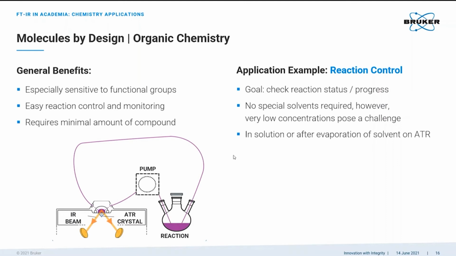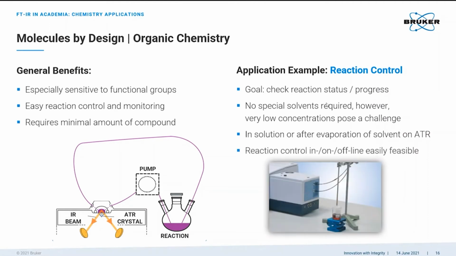If you want to follow a reaction more closely, of course, you have the option to set up something like this at the bottom left. A closed system that allows to measure spectra over time without changing the concentration. Or optical fiber probes, as shown at the bottom right, can be dipped from time to time into the reaction mixture to quickly check the status or even permanently inserted in the reaction cell for in-situ reaction monitoring.